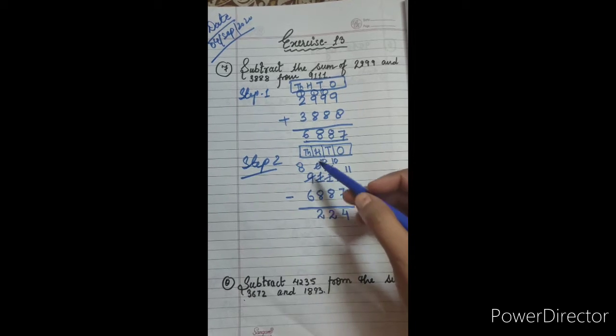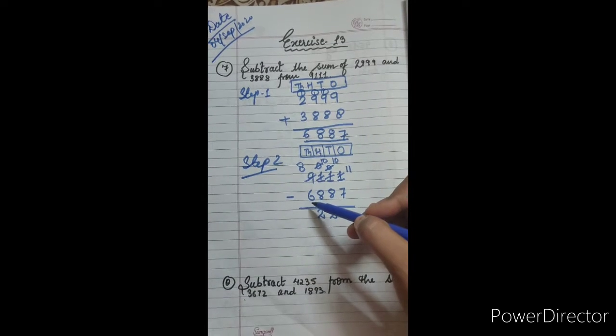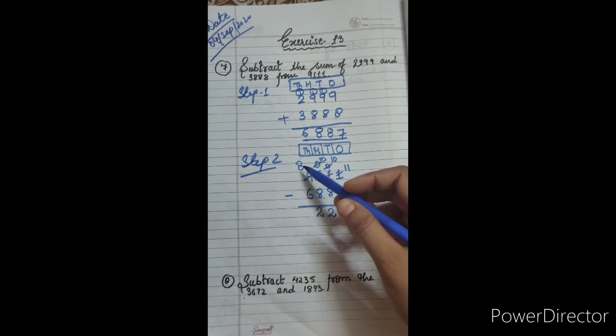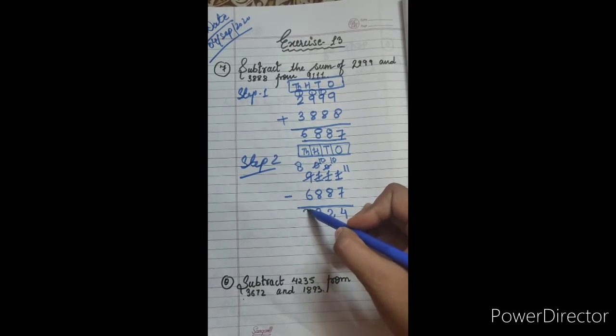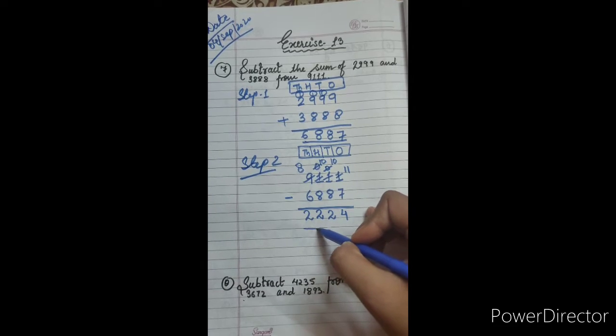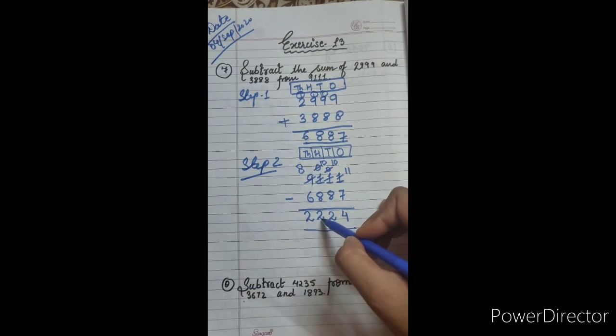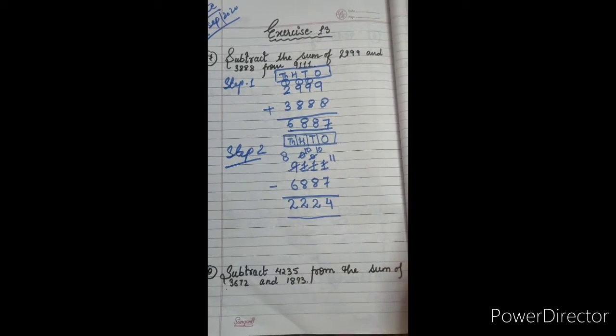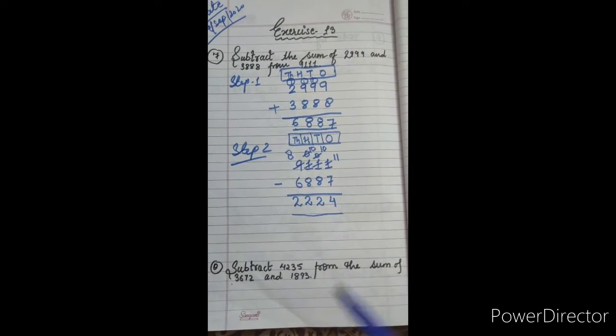So write 2 under 100 column. And now subtracting 1000. We want to subtract 6 from 8. So 8 minus 6 is 2. So answer will be 2224.